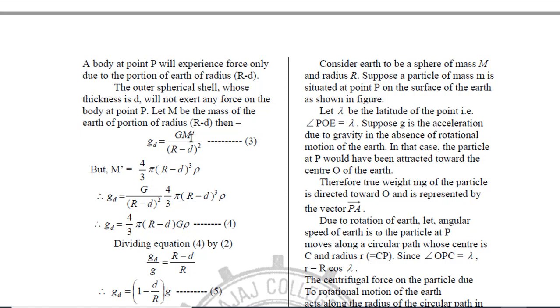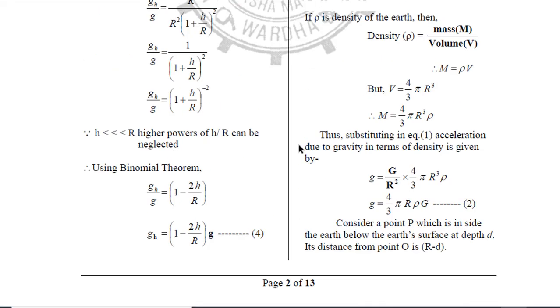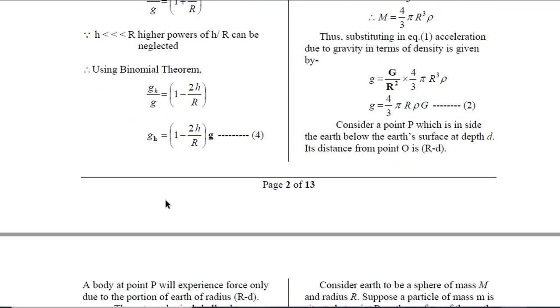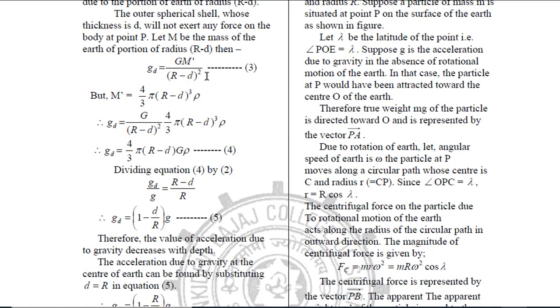Remember the volume has reduced, so the mass is changing. The density is constant, the volume changes, so the mass changes. So M dash, the mass of the sphere where the new point is, divided by the distance from the center of the Earth, which is no longer r, because the body is no longer at the surface but at point P, which is r minus d. So it is r minus d squared.